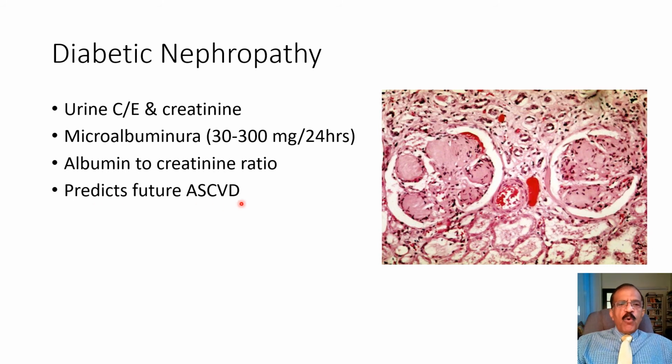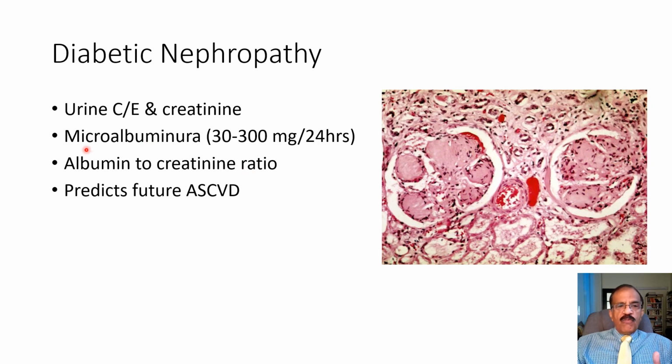But perhaps more important than that is that microalbuminuria reflects the presence of overall vasculopathy. If it is an overall vasculopathy, it could represent an increased incidence of atherosclerotic cardiovascular disease. And that is actually true. Those who have microalbuminuria are at much greater risk of developing atherosclerotic cardiovascular disease 10 years down the line.